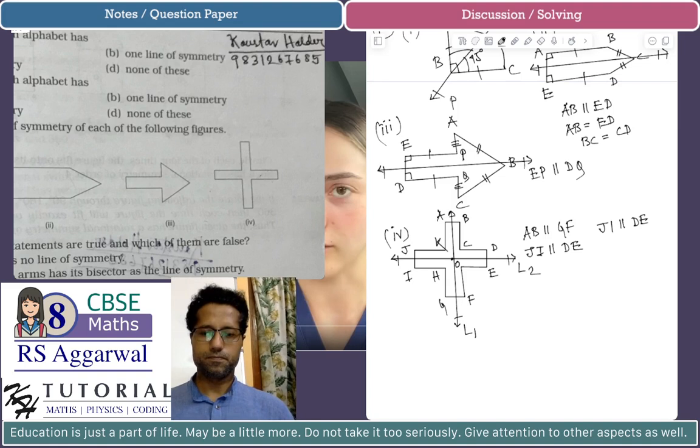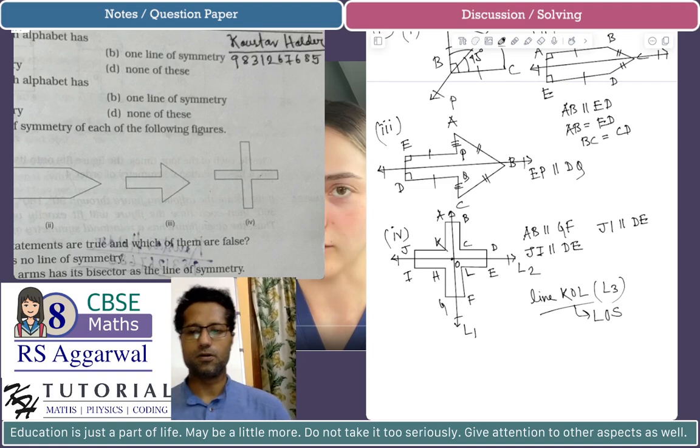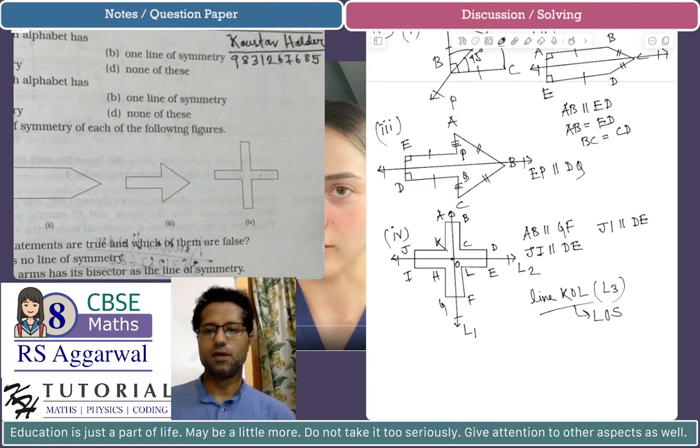Now there will also be two other lines. If this is the point L, the line KOL, let's say this is L3, is also a line of symmetry. LOS means line of symmetry.